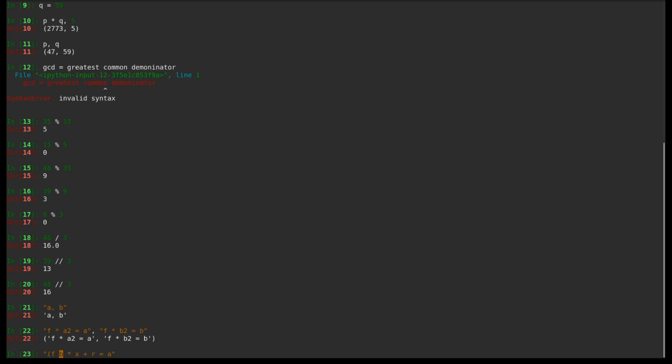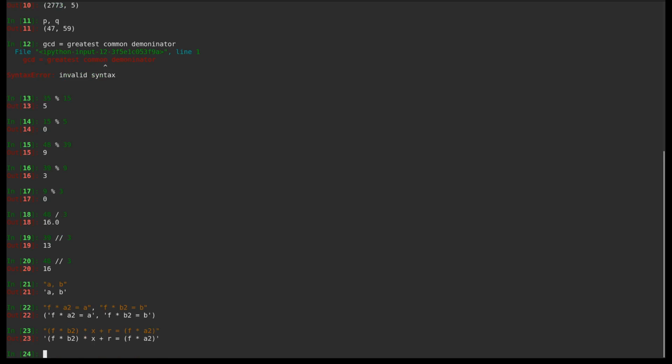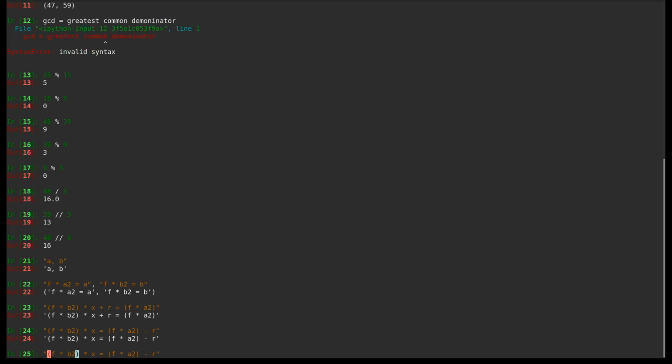f times b2 equals f times a2, like that. So substitution. Then the next step is to subtract r from both sides, and then divide both sides by f.